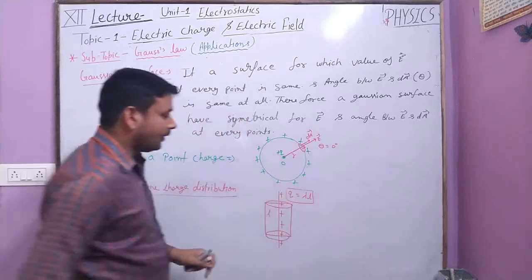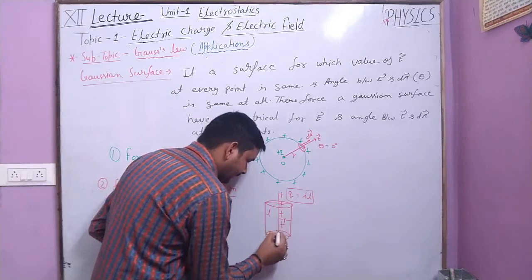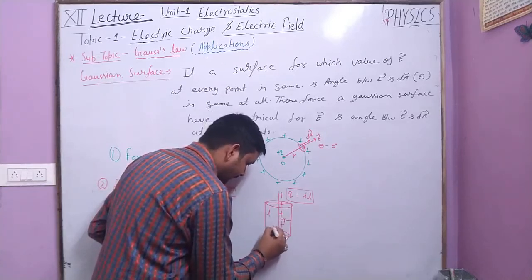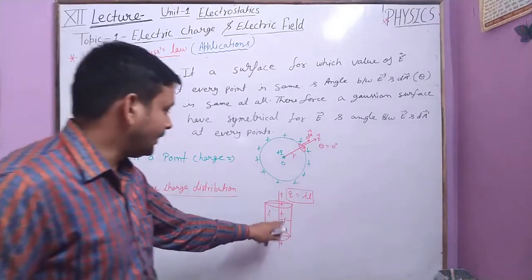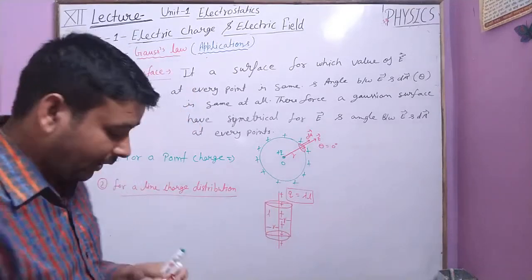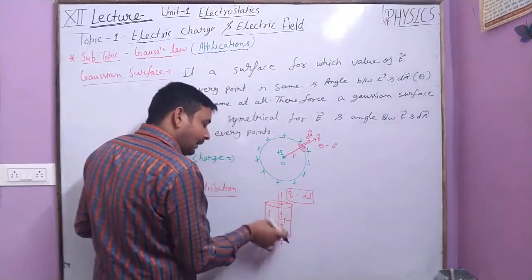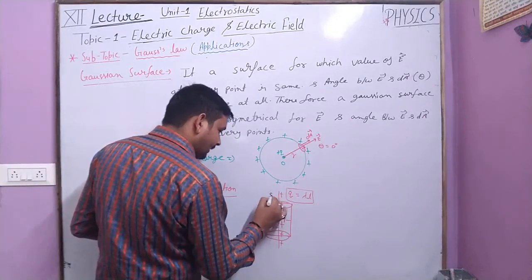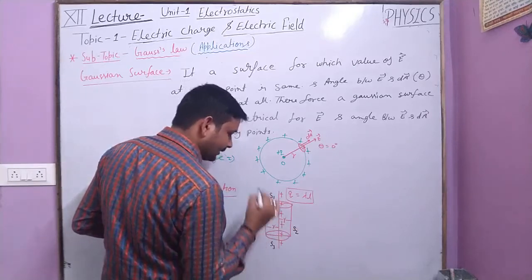For that, the radius of a cylinder is the same at every point. Now the cylinder has three surfaces. One is surface S1, this is surface S2, and this is surface S3.